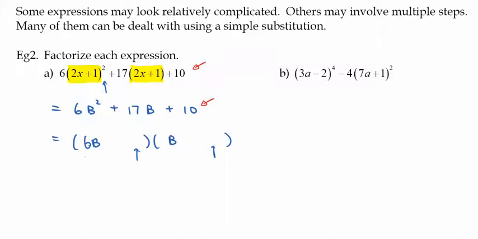I wouldn't use 2 and 5. I would use 5 and 2. So now the 5b from the inside, the 12b from the outside would add up to 17b in the middle. So I need both of them to be a plus.